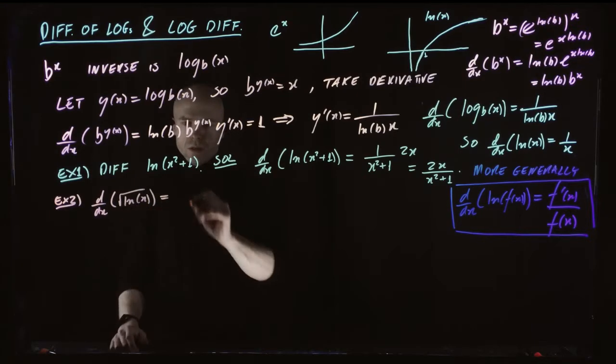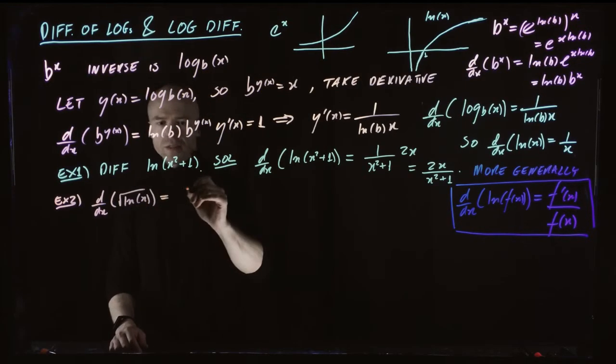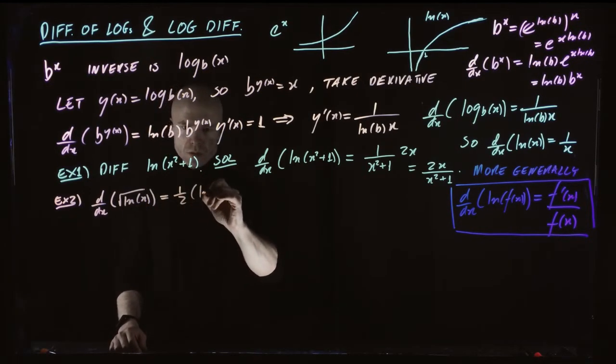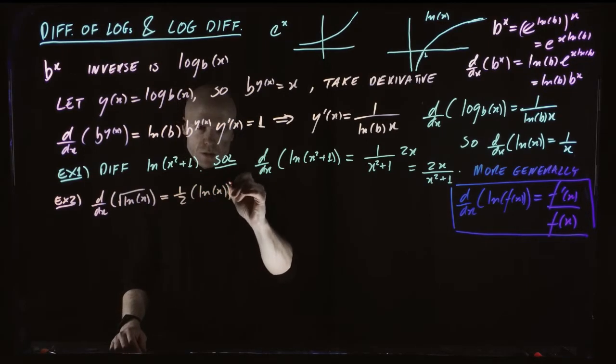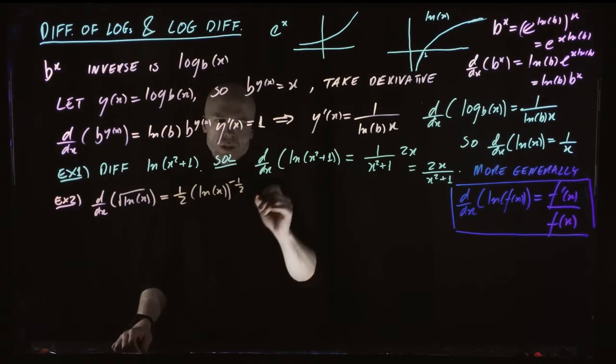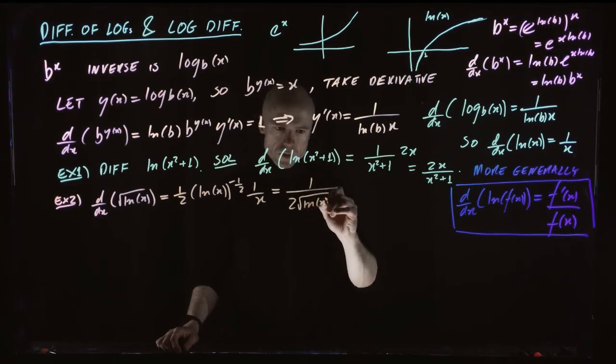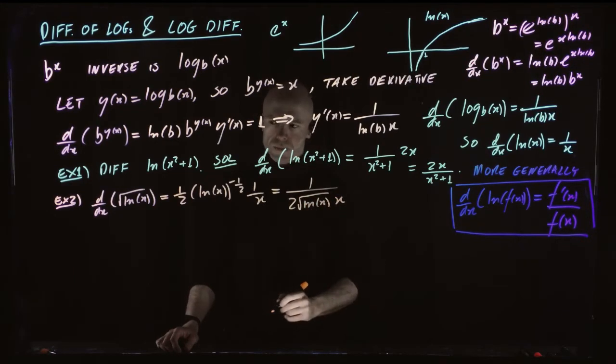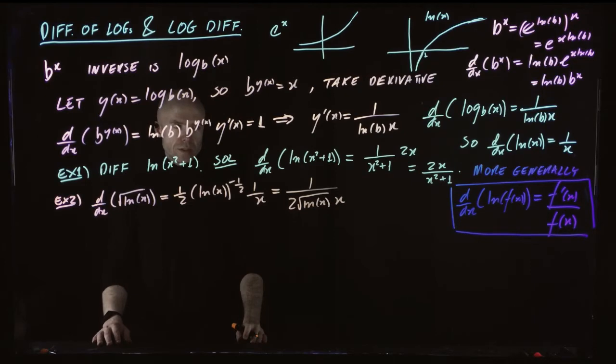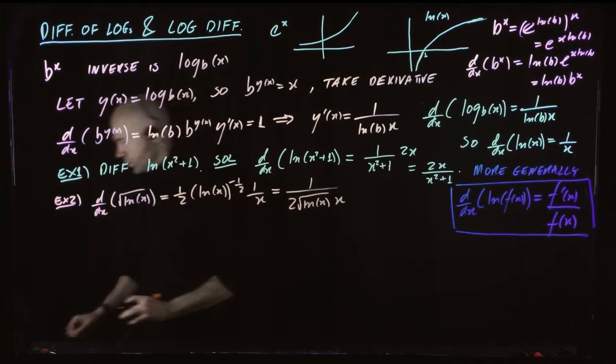And the inner function is log, so differentiate the outer function, apply it to the inner function, 1 over 2, natural log of x to the minus 1 over 2. And differentiate the inner function, we have 1 over x. So we have 1 over 2 square root of log of x times x. That's it. Let's do another.